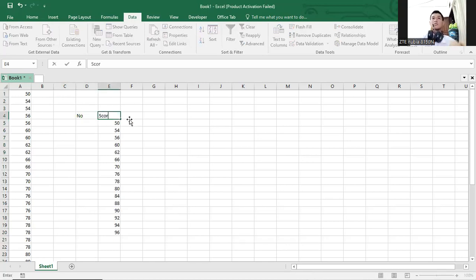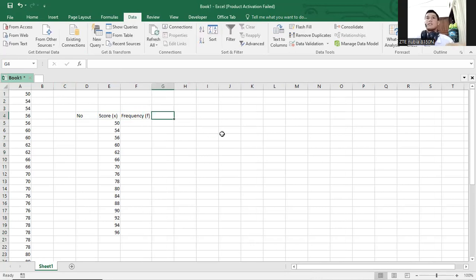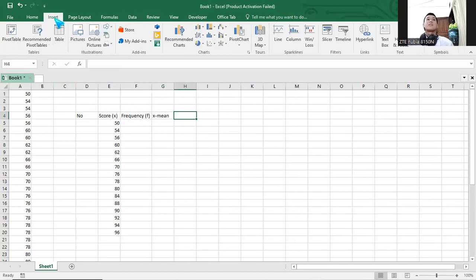Here is number, score. Score is X, and frequency. Frequency is F. And then here is X mean, and here is X minus mean squared.